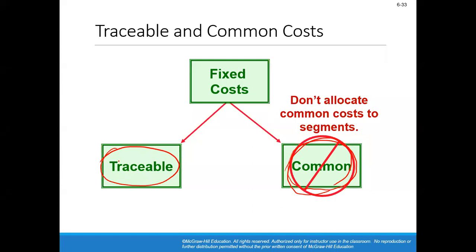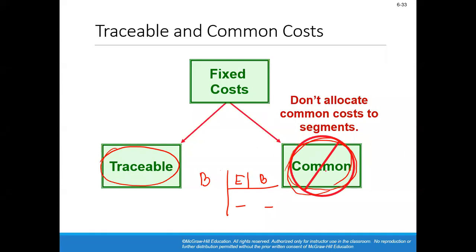So you might ask where we will charge the common fixed cost. Think of Biman Bangladesh Airlines, with segments like the economy class and the business class. I'm not inviting complexity. The traceable fixed cost should be charged in the segment analysis.